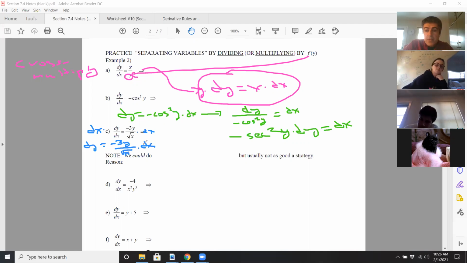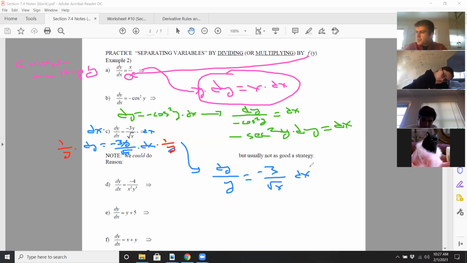Then I would divide both sides by y, or multiply both sides by 1 over y. And so then you see how those y's go away. So it's dy over y equals negative 3 over root x dx. Again, we're just kind of practicing this stuff here.